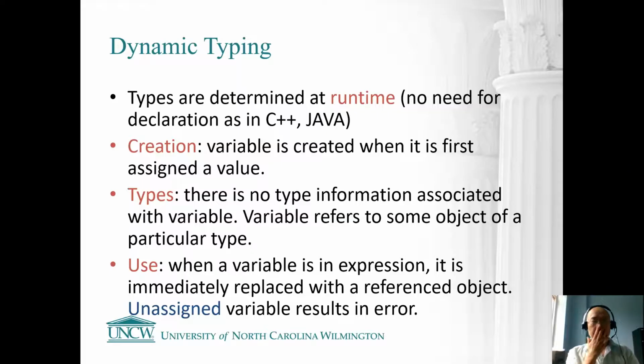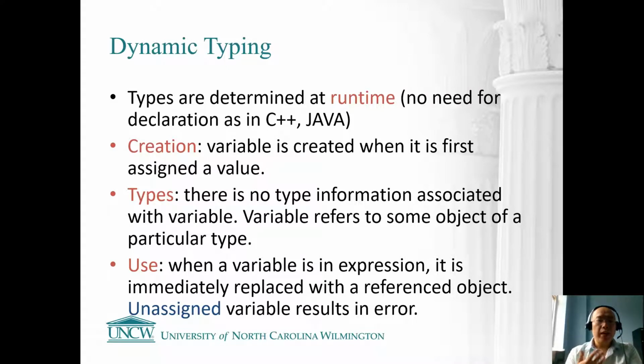Okay, the next thing is dynamic typing, and dynamic typing is allowed in some programming languages, but not all of them. That is, when we create a variable, we don't really have a specific data type bound to the variable name.